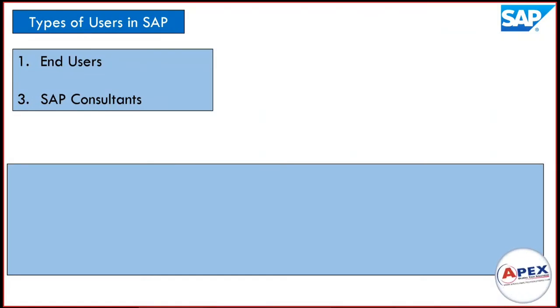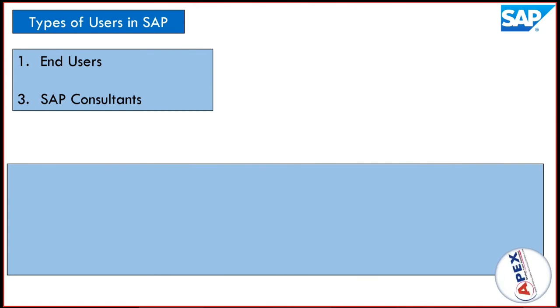While using the SAP software, if the end user gets any problems or errors, they will be solved by the SAP consultant. The end user will not have any knowledge to solve any kind of issues in SAP. So what will the end user do?